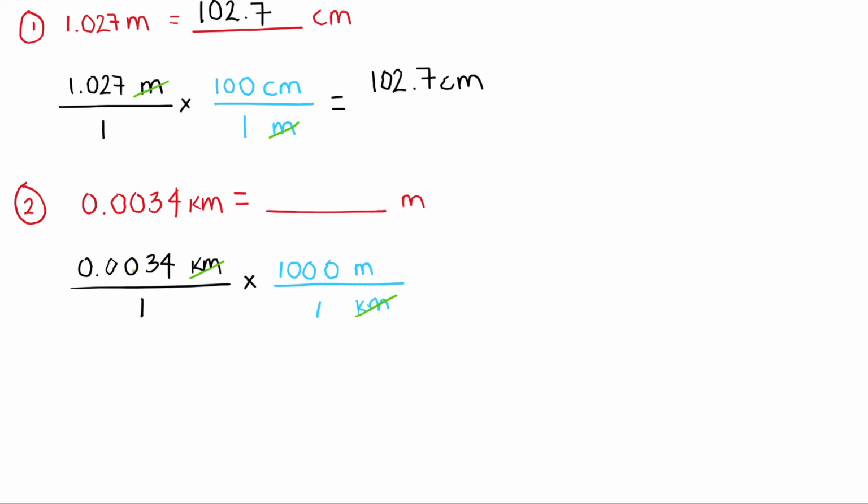So that means that I'm pushing these digits to the next place values, and I have to push them 3 place values. So that will be 1, 2, 3. So the answer is going to be 3.4 meters. And that's my answer here.